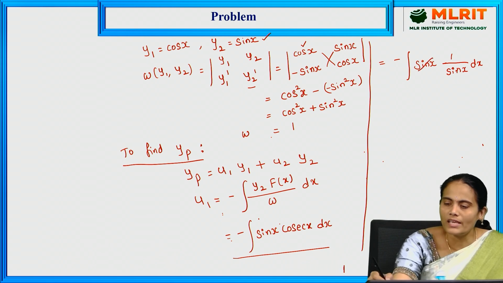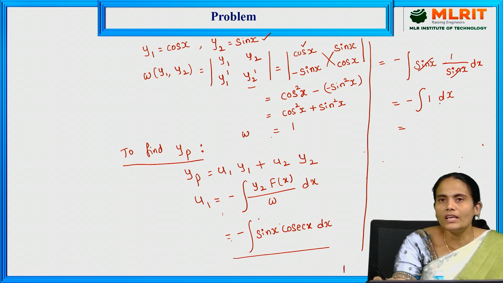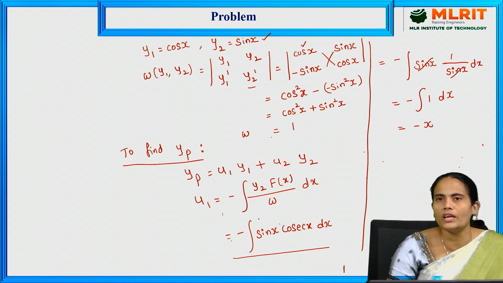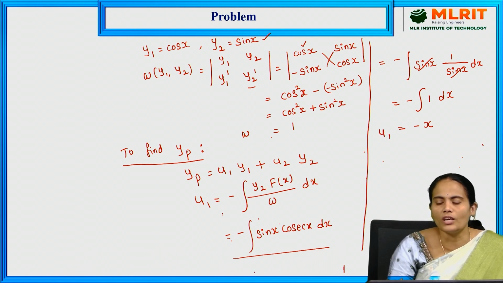Here the sin x and sin x get cancelled, leaving minus integral 1 into dx. The integral of 1 dx is x. Since we have the minus, take it as minus x. So this is the value of u1. And now we'll see the u2 value.